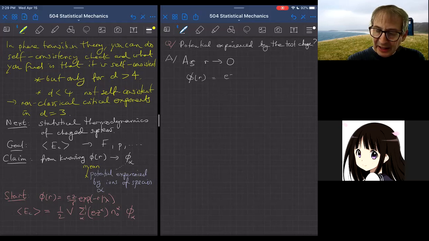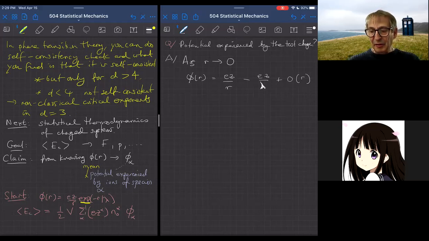As r goes to 0, what does phi of r look like? So let's write it down. It's Ez over r. That's the first term. The second term is minus Ez over lambda, because it's Ez over r times, now we're just expanding the exponential. And then the next term after that is going to be a term that goes of order r, and so on and so forth.